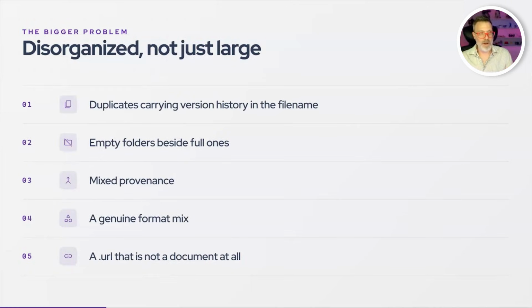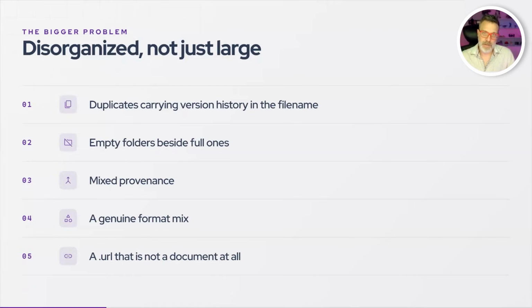But that was the smaller problem. The bigger one is that a dump like this is disorganized, not just large. Specifically, duplicate decks sitting in 3 folders with their version history in the file name. Empty folders sitting right next to full ones. So this folder exists tells you nothing about this folder has anything in it.